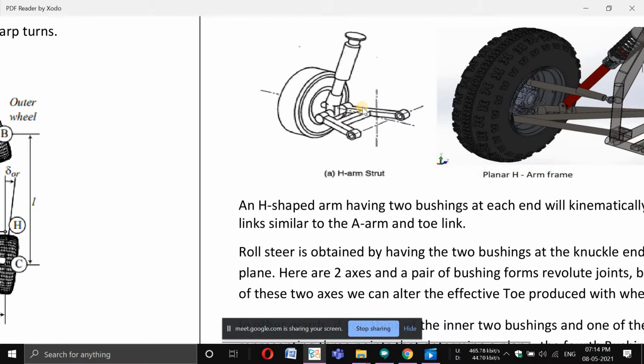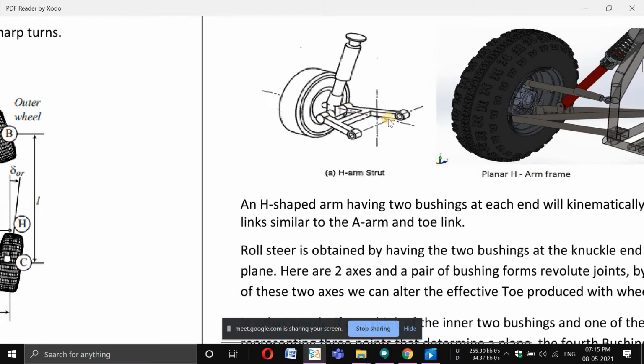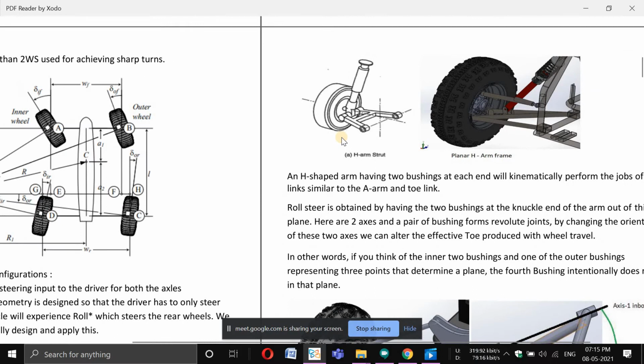Generally, the H arm is a connection of two links with a revolute pair, and these two links are rigidly fixed by a member, so completely this becomes one link. And this H arm is generally planar, that is, all four revolute pairs, all four turning pairs, are in the same plane.